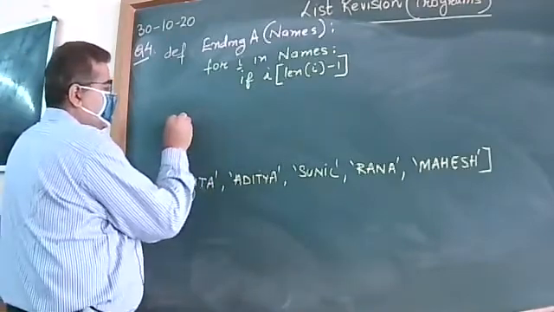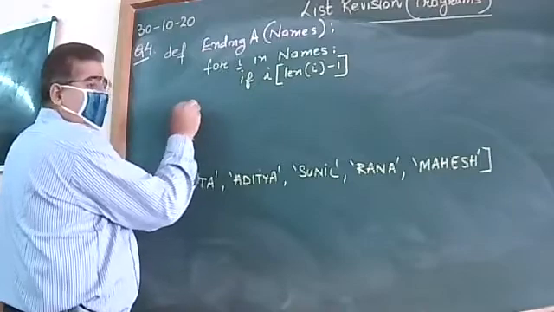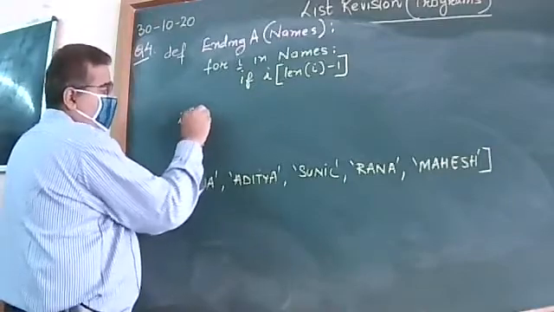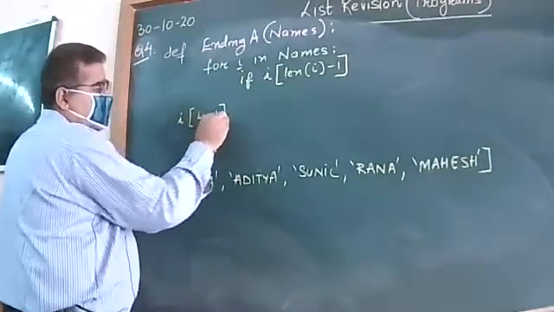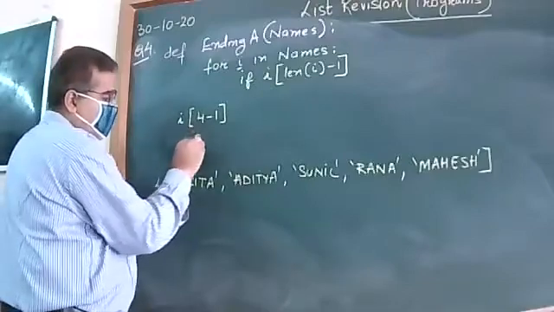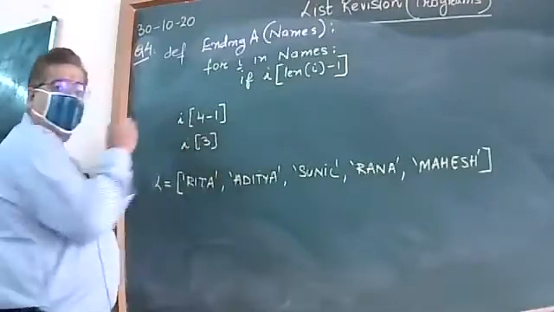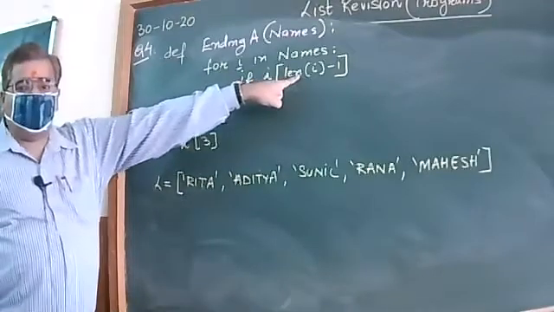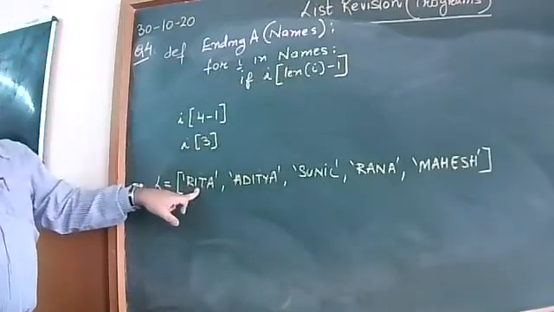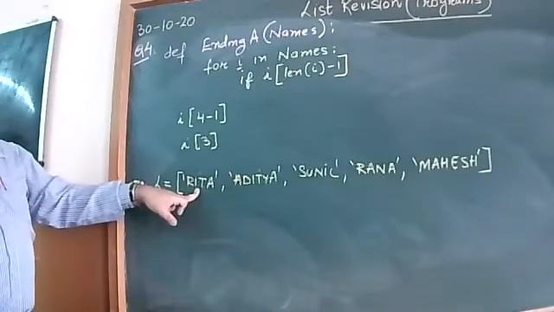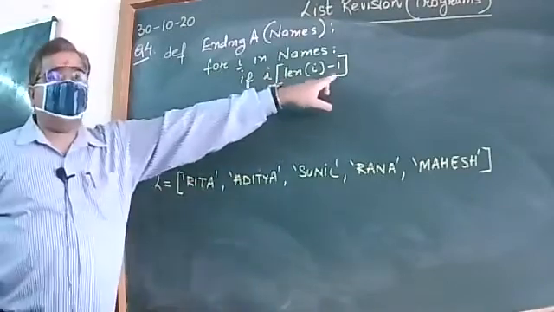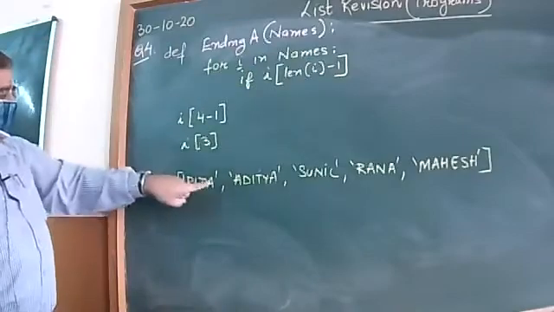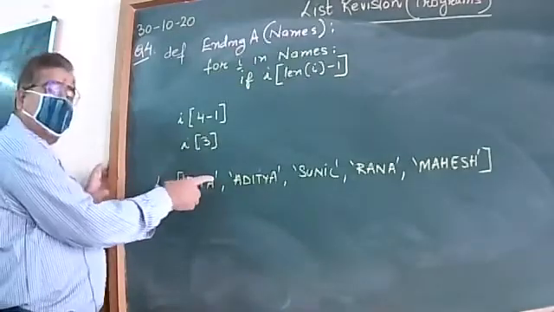That means 4 minus 1 is 3. 4 is the length of string Rita. 4 minus 1 is the last position: 0, 1, 2, 3.